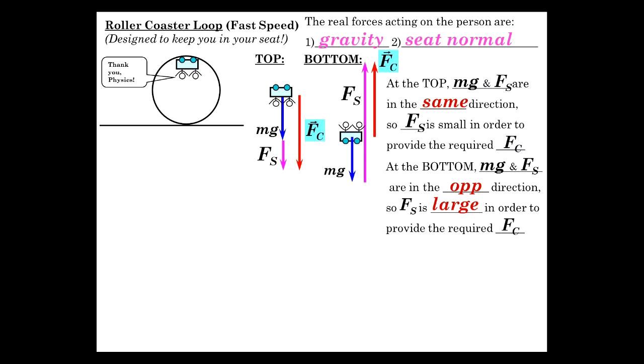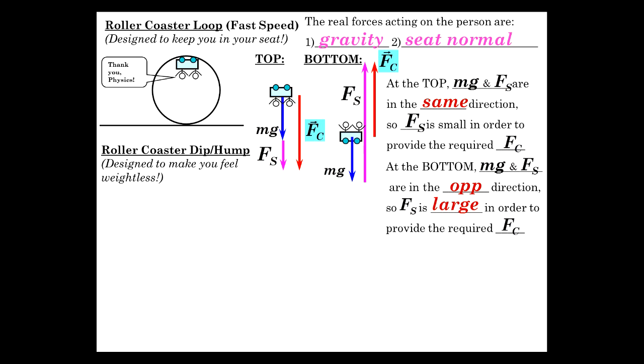But it is true that no matter what, you're going even faster down here, generally. And so the Fs, for a couple of reasons, is going to be considerably larger than the Fs here, even though this Fs could be fairly large.